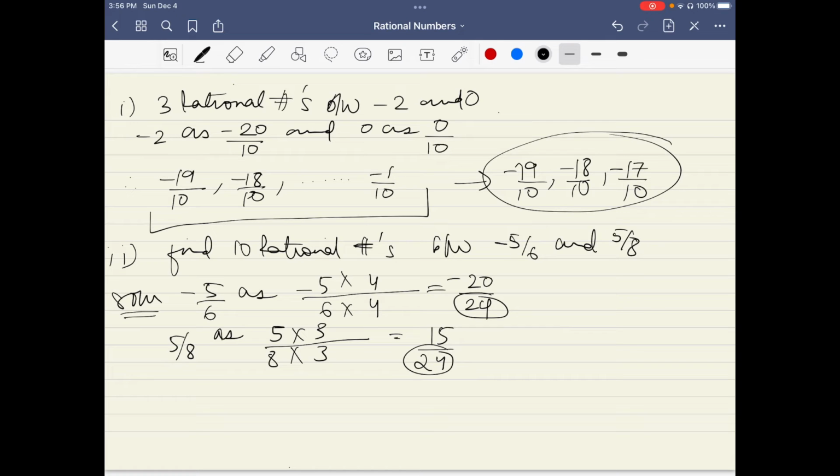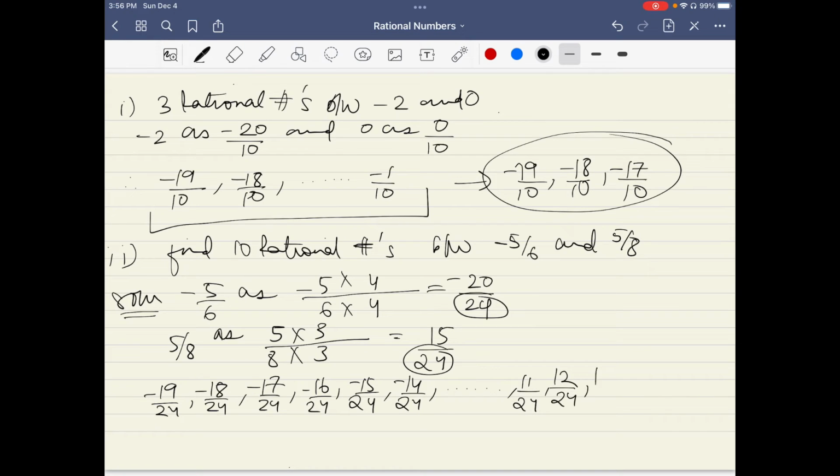So the rational numbers between minus 20 over 24 and 15 over 24 are minus 19 over 24, minus 18 over 24, minus 17 over 24, minus 16 over 24, minus 15 over 24, minus 14 over 24, so on and so forth, till 11 over 24, 12 over 24, 13 over 24, 14 over 24.